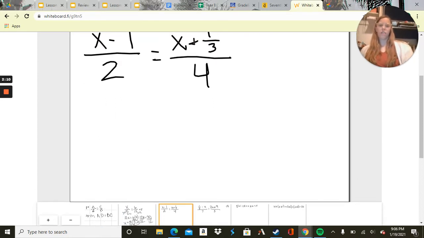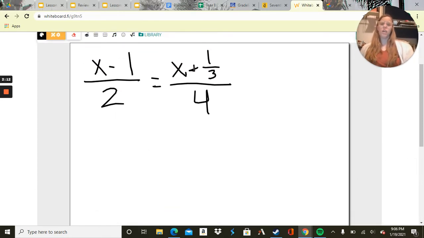Next, here we have x minus 1 over 2 equals x plus 1 over 3 over 4. Again, we're going to do that 4 and 2 thing first. Basically we're just swapping, but multiplying instead of dividing.